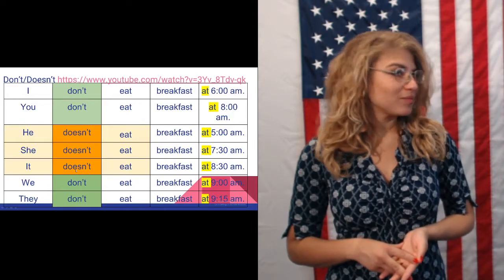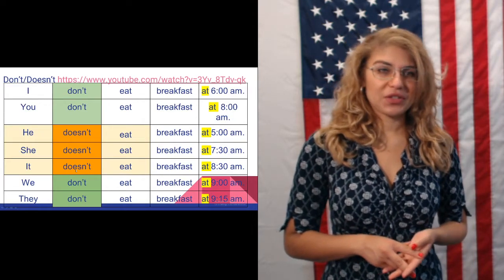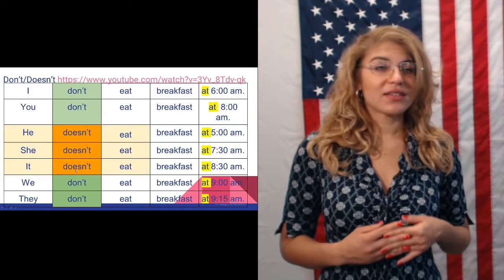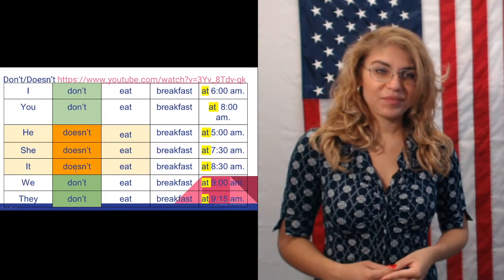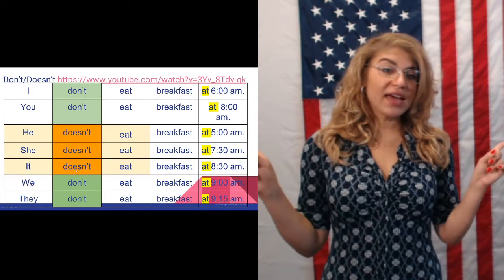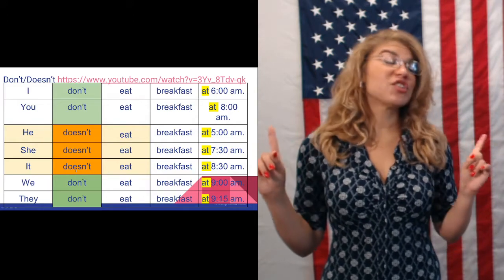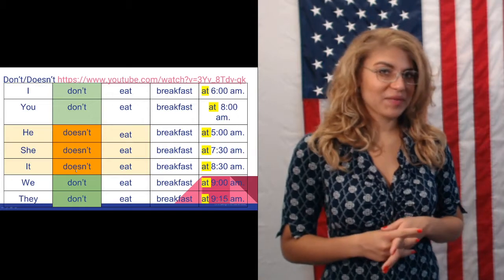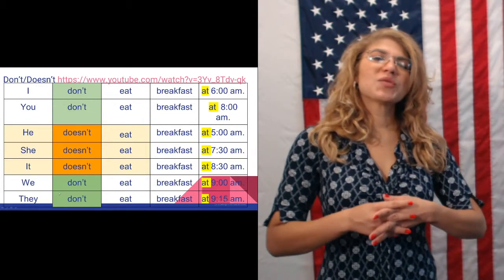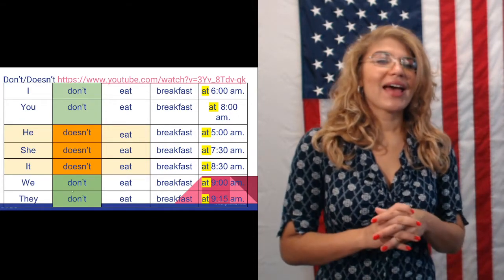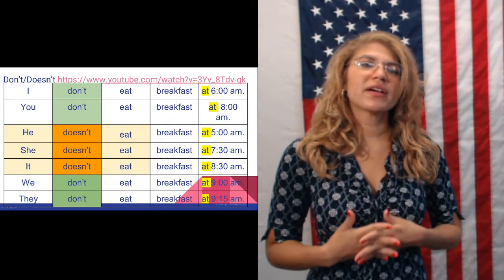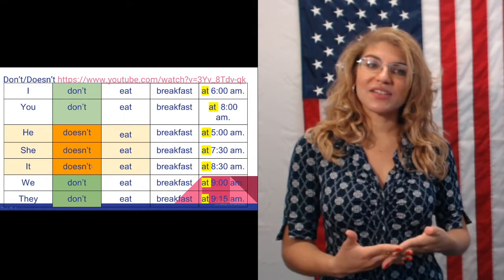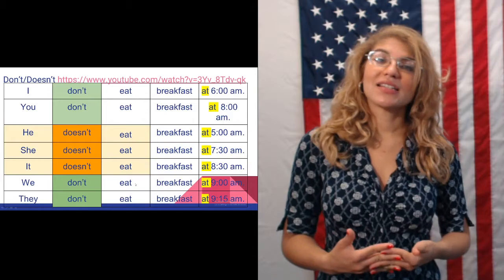We don't eat breakfast at 9 a.m. They don't eat breakfast at 9:15 a.m. Let's return to our video and take a look at some more examples of the negative don't and doesn't.